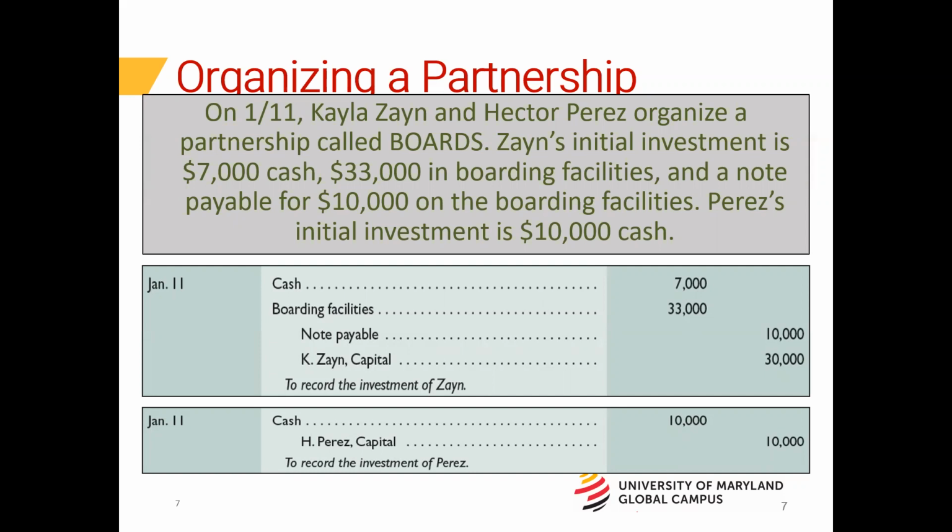Now, your question might be, well, how did we derive 30,000? In looking at what the owner brought in, this new owner brought in $40,000 in assets, cash and a building, right? 7 plus 33. So 40,000 came in assets.